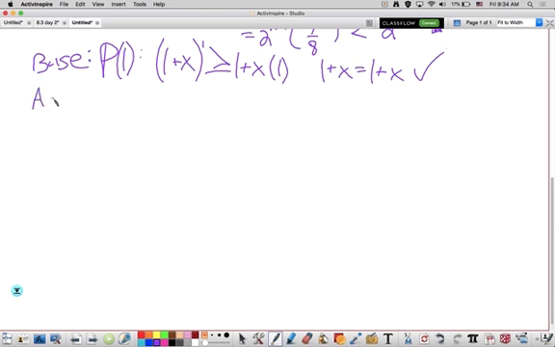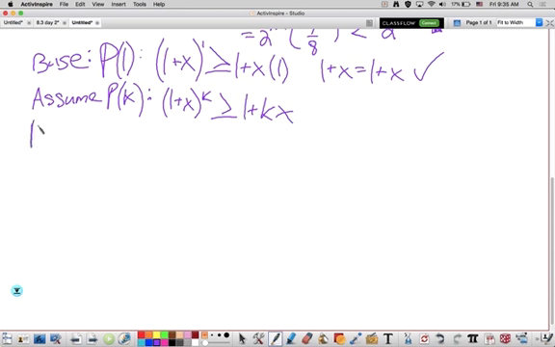We're assuming P of k, which is 1 plus x to the k is greater than or equal to 1 plus kx, which is just coming from the formula that they give us. And so then we have to prove P of k plus 1, which is 1 plus x to the k plus 1 is greater than or equal to 1 plus k plus 1 times x.